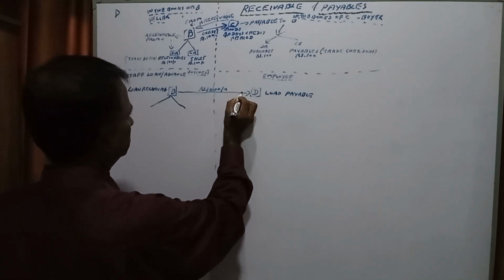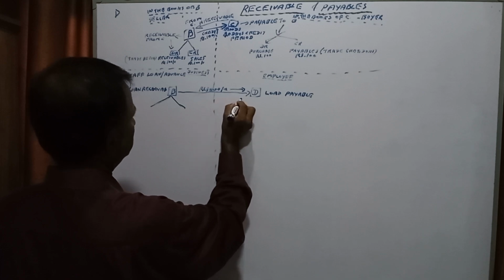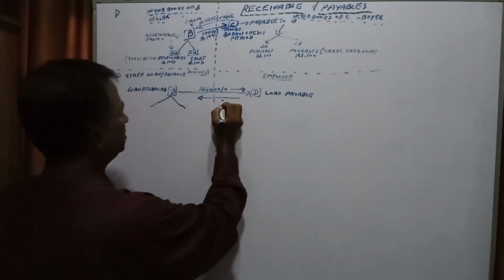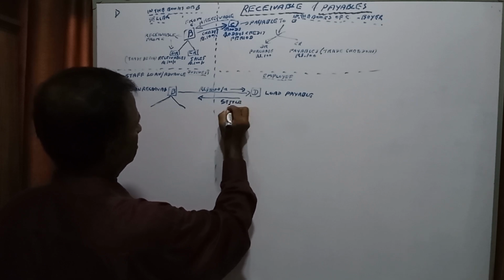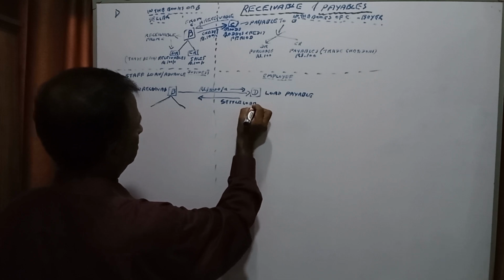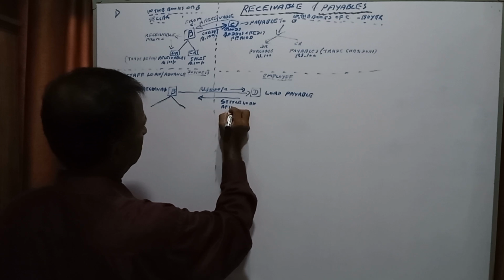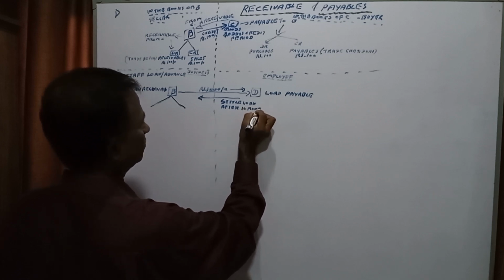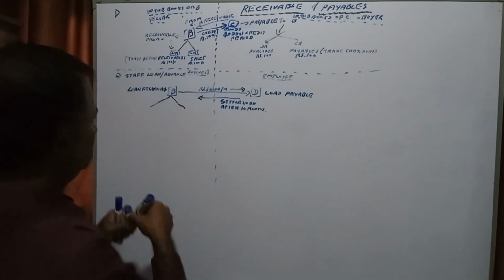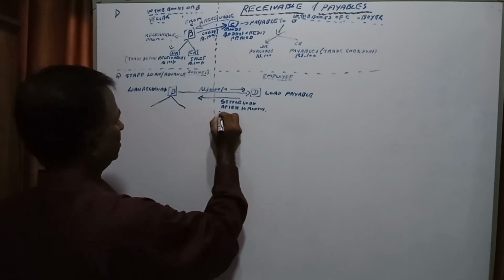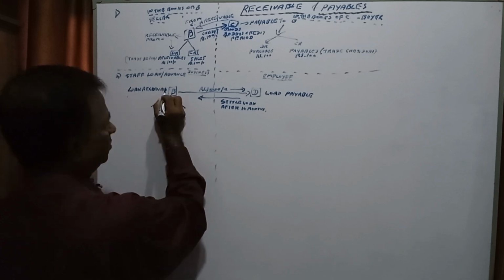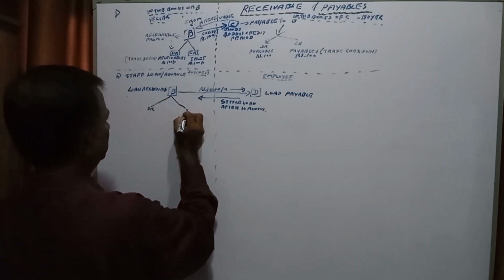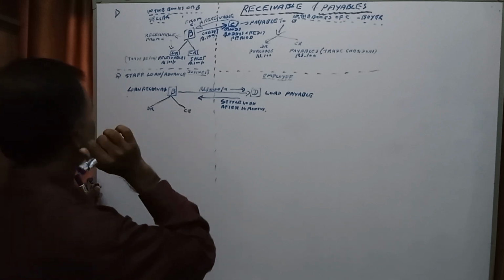Because the business is issuing cash to him, D has to settle the loan after 10 months. After 10 months, then they will treat him as a receivable. Loan receivable, loan payable. Here debit and here credit, right?